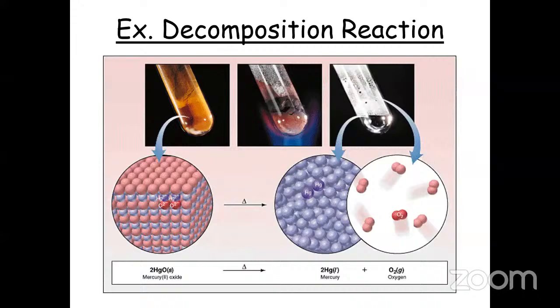So mercury oxide, for instance, look at what it looks like in the test tube. When you apply heat, you break it into the constituent elements: mercury itself as a liquid, as we can see in the picture, and then oxygen gas. Those are examples of decomposition reaction.